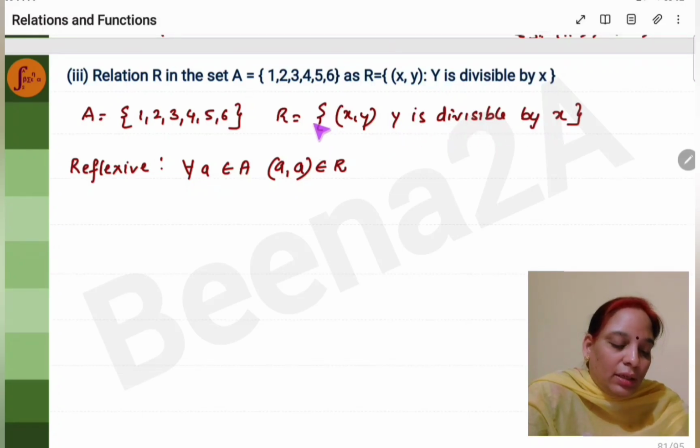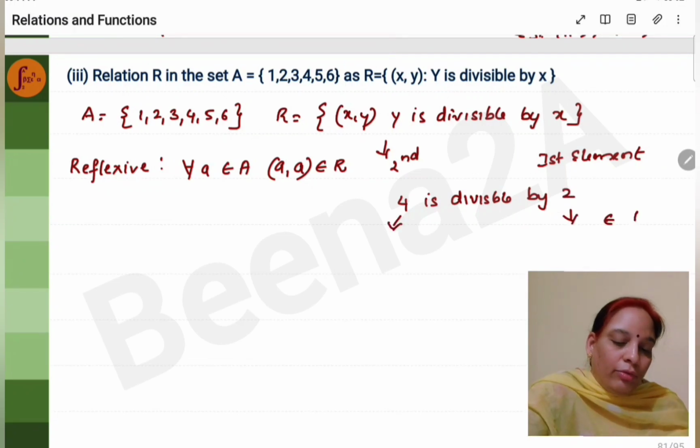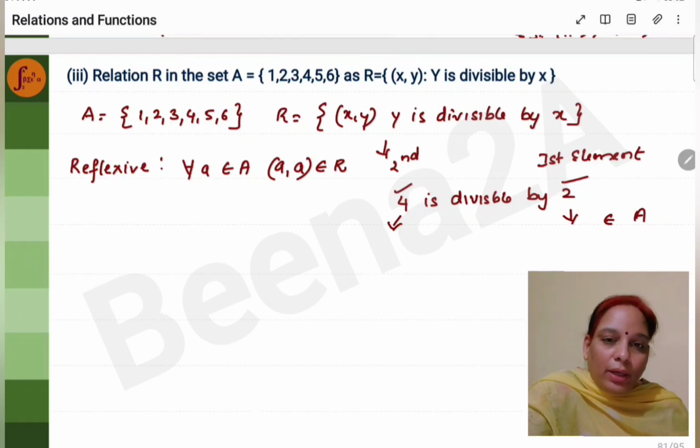Basically R has all ordered pairs where y, the second element, is divisible by the first element. For example, you can say 4 is divisible by 2, and 4 and 2 both should belong to set A.